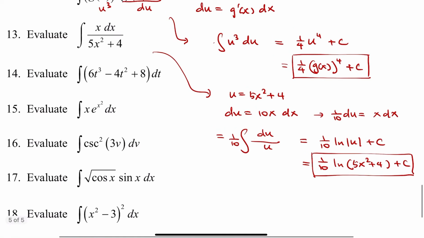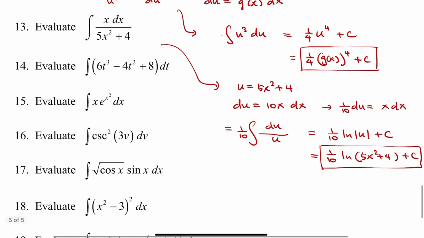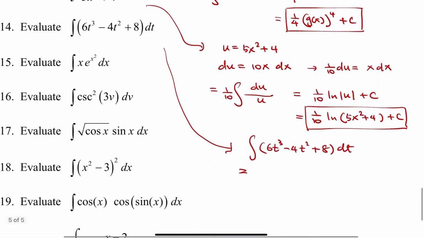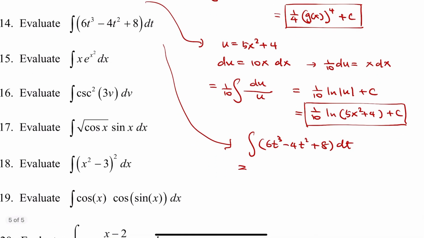And then number 14. So when you take the integral individually, plus 8 dt. So take the integral one by one, using the power rule.